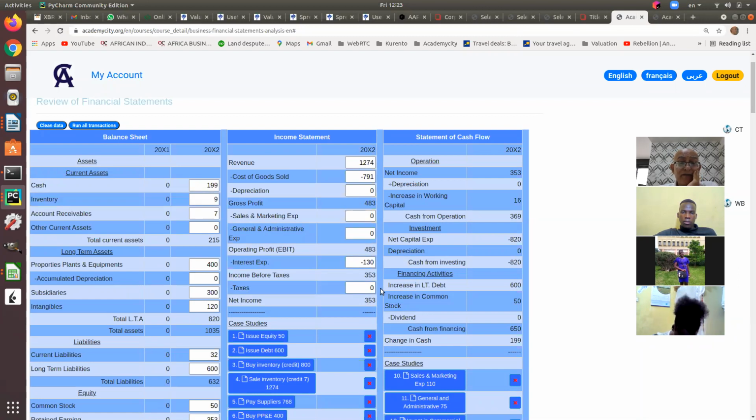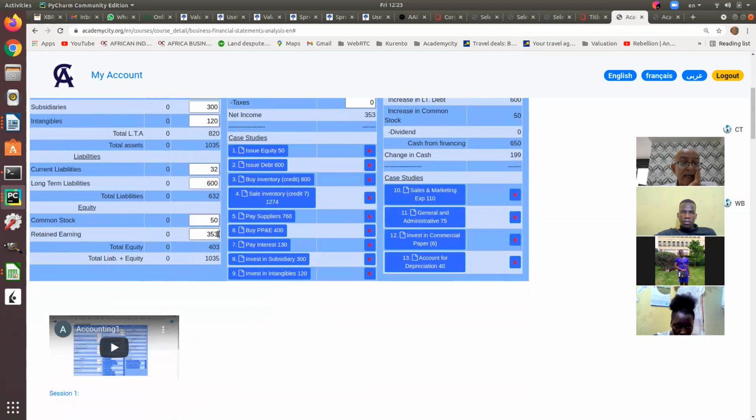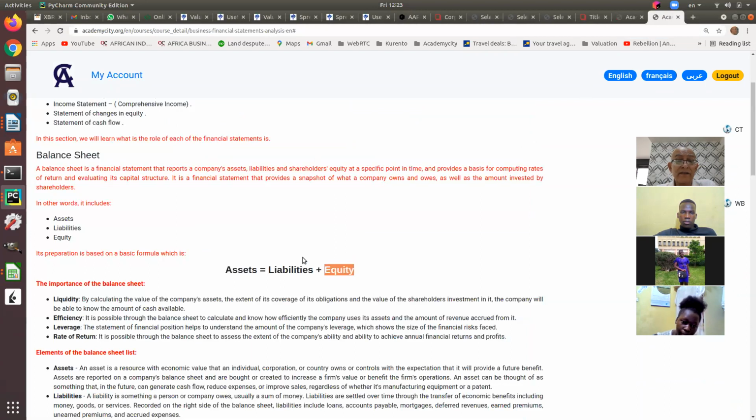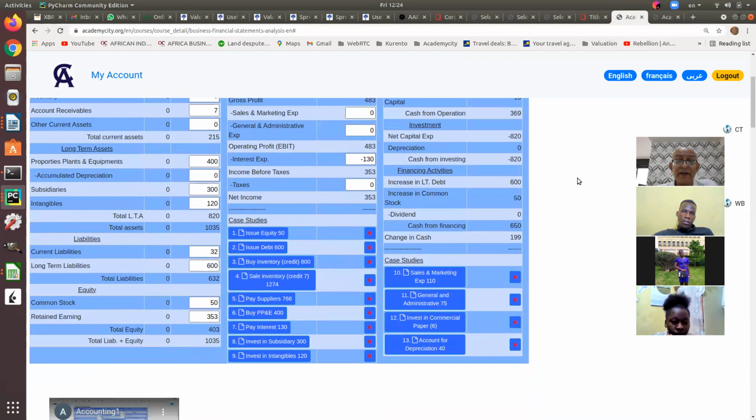And remember, when my profit goes down by 110, the retained earnings, or my profit, is going to go down by 110. So if the equity is going to go down by 110 and the cash is going to go down by 110, the identity is going to hold again. Equity goes down because the profit goes down by 110. The asset goes down by 110 because the cash goes down by 110. You combine those two effects together.